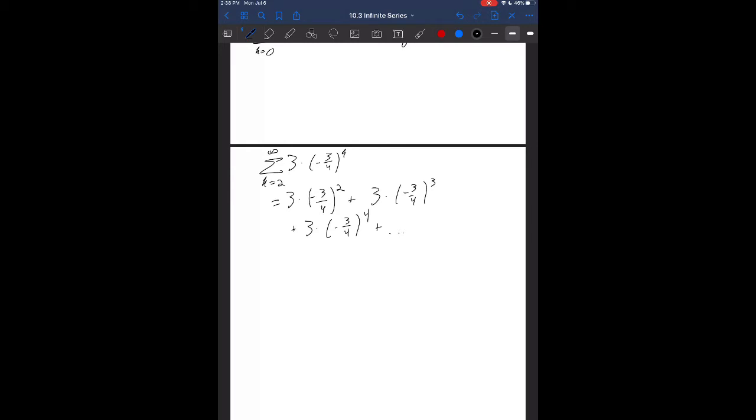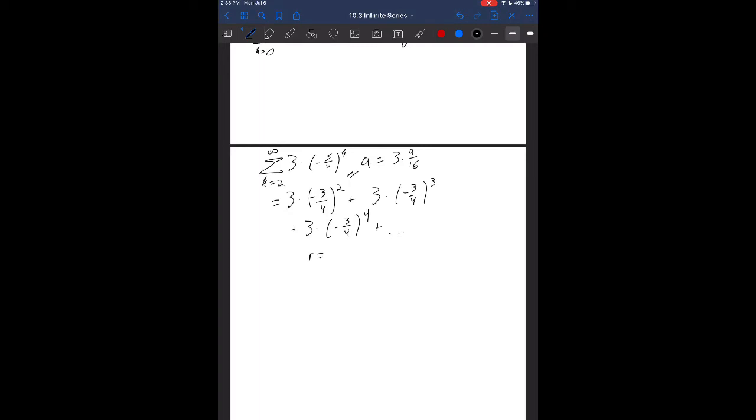And so this means that we do actually have a geometric series in this case. But now instead of having a starting a value of 3, my a is actually going to be equal to the first term in my sequence, right? This 3 times negative 3/4 squared, or 3 times 9 over 16.